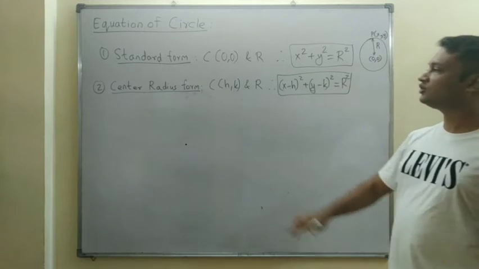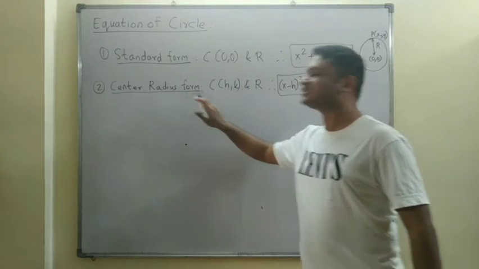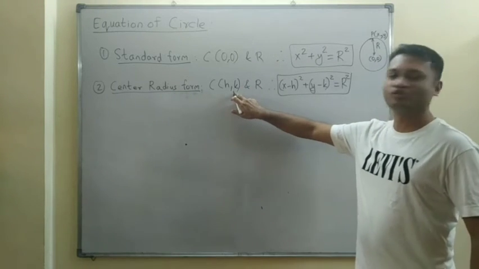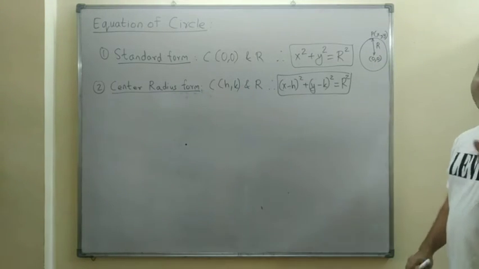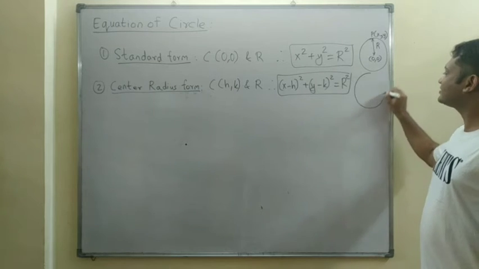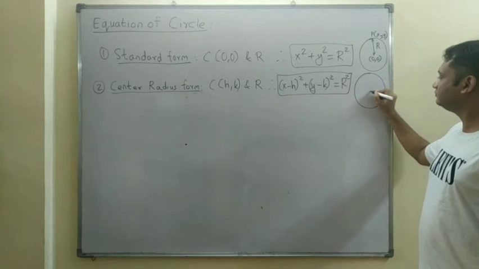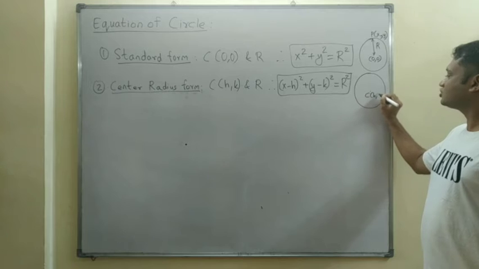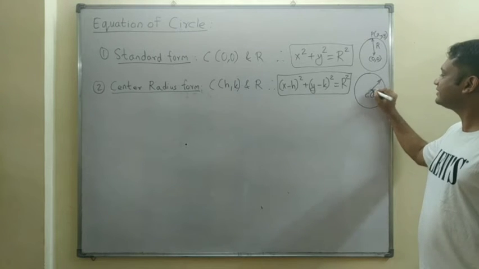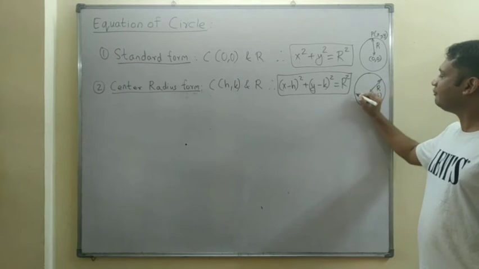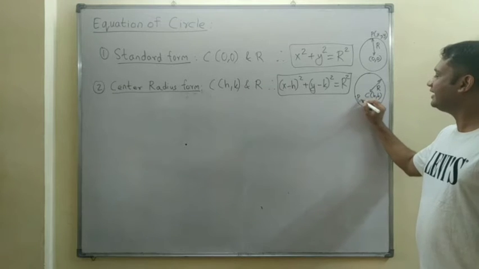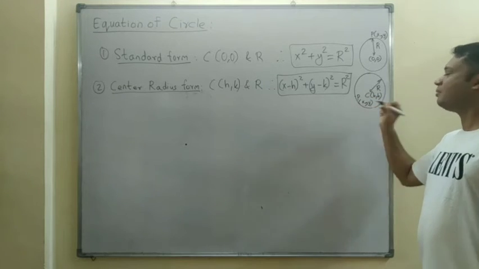This is the equation of the circle in center-radius form. The center is (h, k), the radius is r. So the diagram will be like this: the center is (h, k), the radius is r, and any point P on the circle has coordinates (x, y).